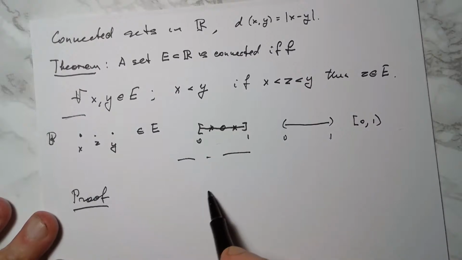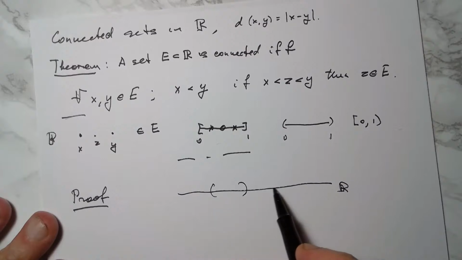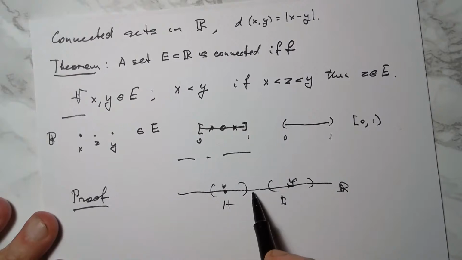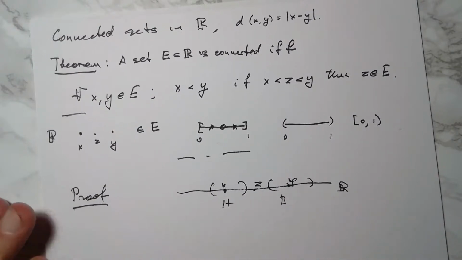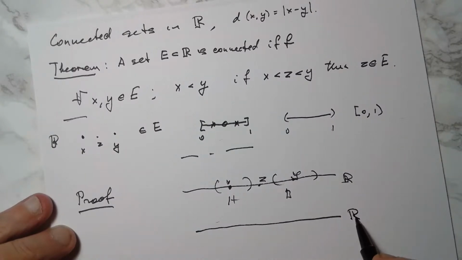And in a picture, you will say, well, let's take the real line. And let's take a set A in here, and let's take a set B in here. And if you take a point x in here and a point y in here, then there is a point z in between that does not belong to the union of A and B, and so it is not connected. And this is basically how the proof will go, except my sets, remember, in a real line, can look very, very weird.